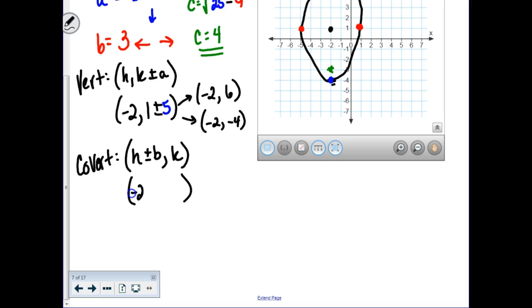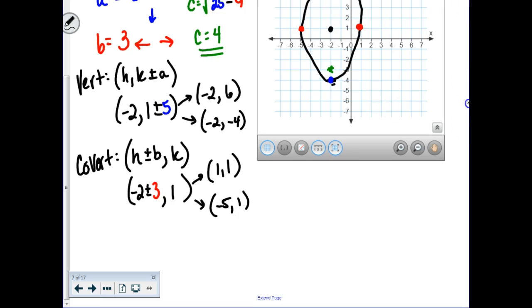So that would be -2 plus and minus, I kind of lost what b was, 3, right? 3, comma k, which is 1. So again, your teacher would want you to split this up. The first co-vertex would be at (1, 1), and the next co-vertex would be at (-5, 1). And these little red dots that I plotted are exactly at those 2 locations. So I feel like we've done some really good work here.